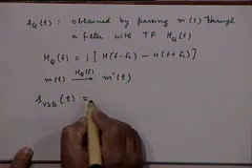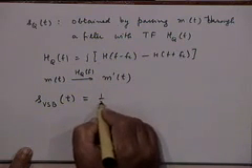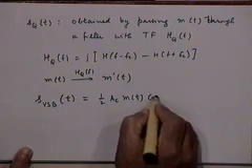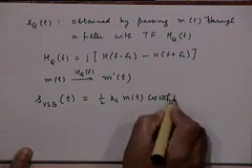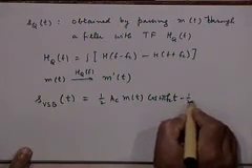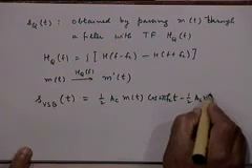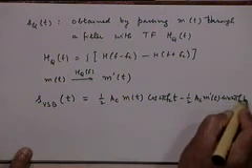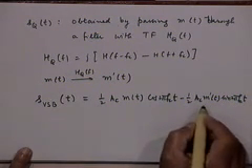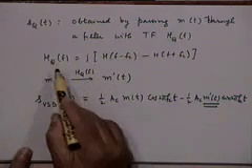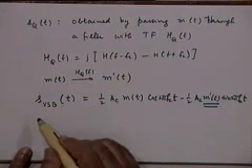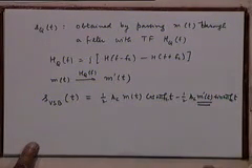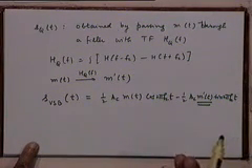So your VSB signal can be thought of as half of AC times MT times cosine 2 pi FCT minus half of AC M prime T sine 2 pi FCT, where M prime T is obtained like this.